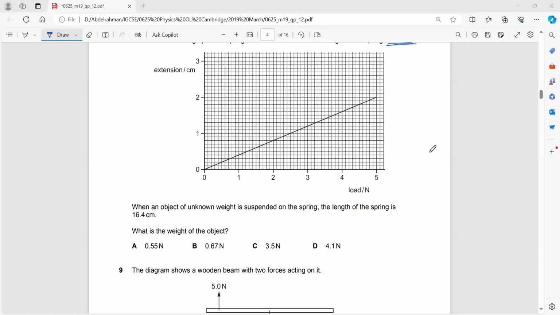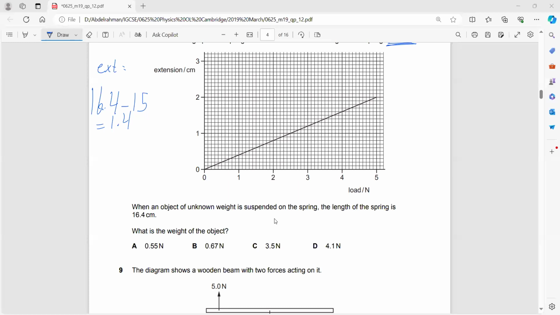You need to subtract the extended length, the new length, minus the original length. So 16.4 minus 15 is 1.4 centimeters.